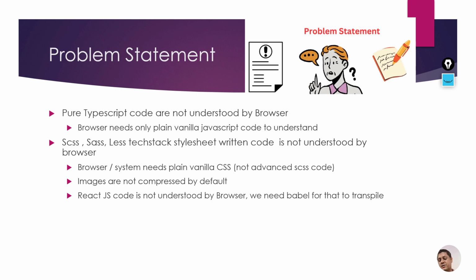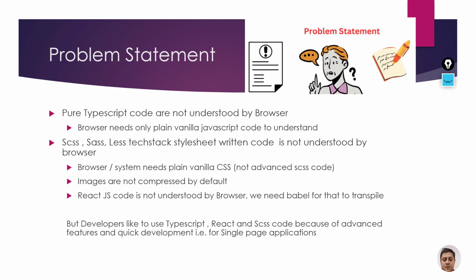After executing the build command or start command, it converts that React.js code to plain JavaScript code and HTML code. This is the background process. That's why it takes a little bit of time, but most developers don't know about that. But this is the problem statement.